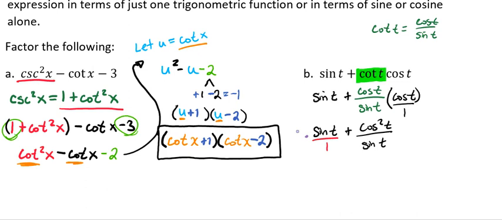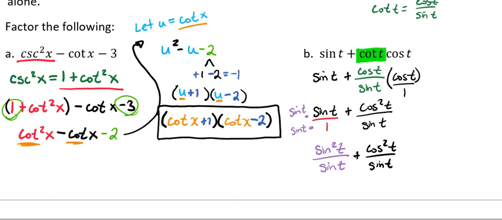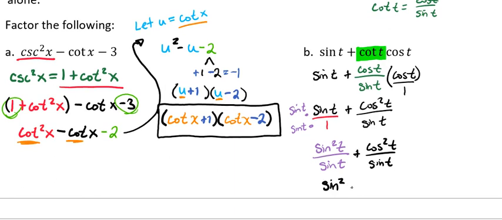So we multiply the sine of t by the sine of t on the numerator and denominator, giving the sine squared of t over sine of t plus the cosine squared of t over the sine of t, and I can put those together. That gives me the sine squared of t plus the cosine squared of t over the sine of t.